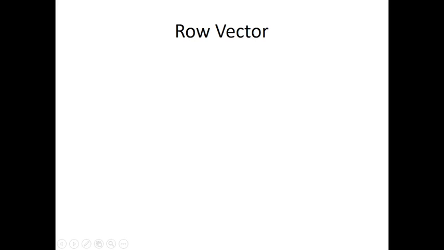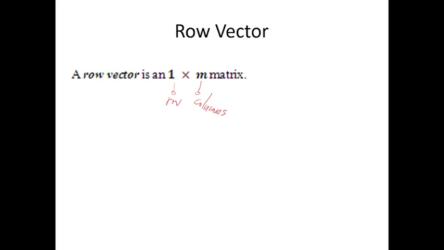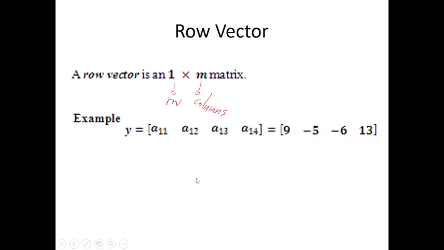On the other hand, we have the row vector. A row vector is a 1 by n matrix: one row and n columns. For example, the elements of this matrix are a11, a12, a13, a14.